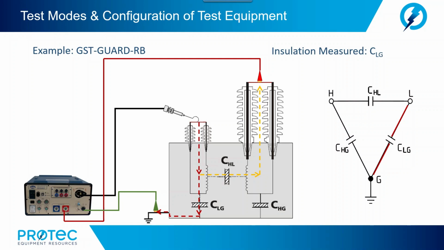So we've isolated, and we're now only measuring the low to ground insulation properties. Next, we're going to do an ungrounded specimen test and measure red. Once again, voltage being applied to the low side. And the result is we are measuring the insulation property or capacitance of low to high.